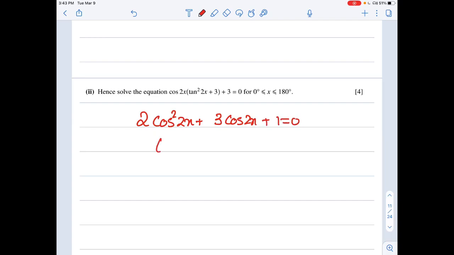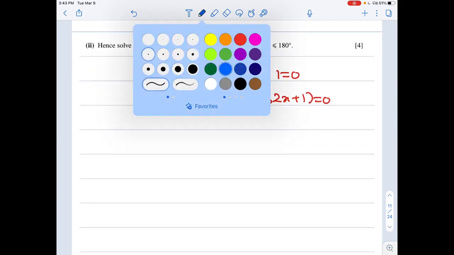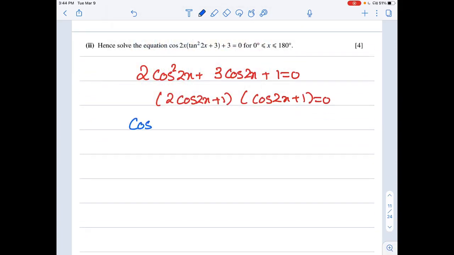So I factorize it. It becomes 2 cos 2x plus 1 times cos 2x plus 1 is equal to 0. So I get two values. The first one is 2 cos 2x plus 1 is equal to 0, which gives cos 2x is equal to minus 1 by 2.